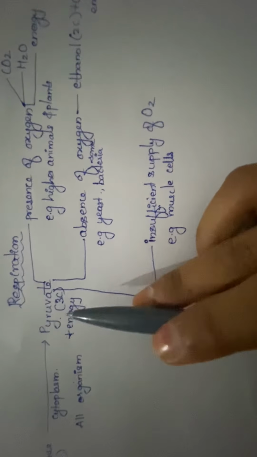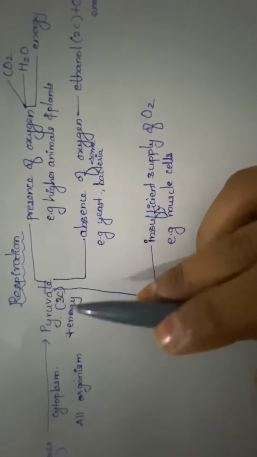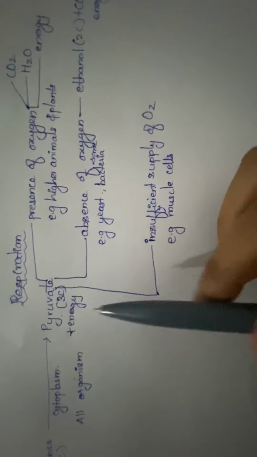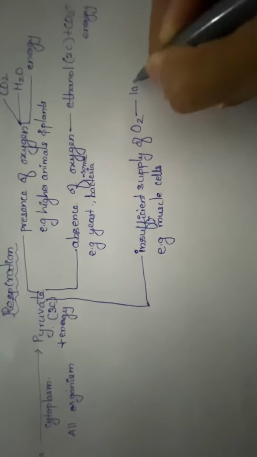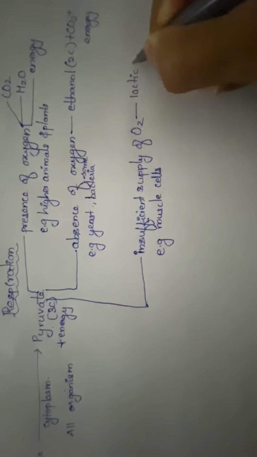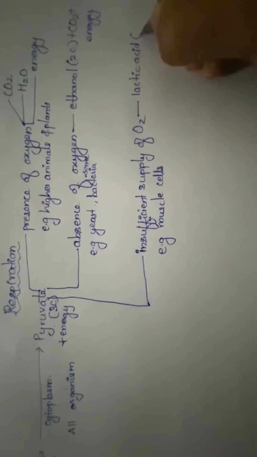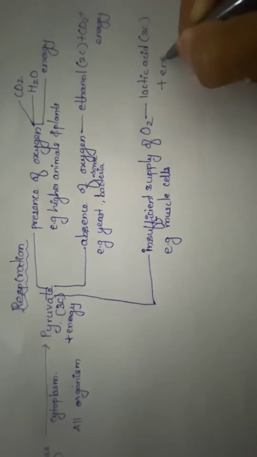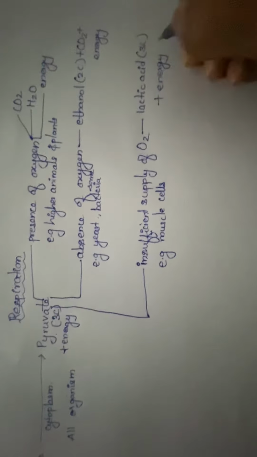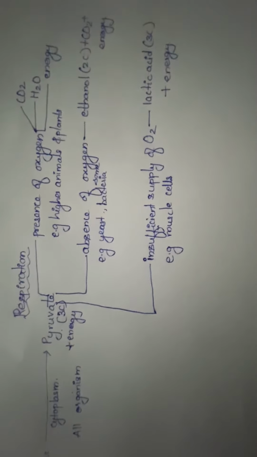So what does the body do? What do the muscle cells do? They break down this pyruvate into a 3 carbon atom molecule called lactic acid, and energy is liberated. Now children, what happens to this lactic acid?